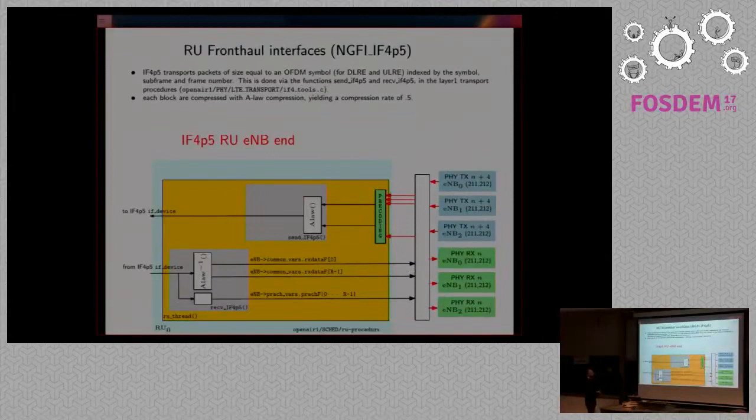Now let's look at the other type of interface, the 4.5 interface. That's a little bit higher up. Again, if we look at what's coming from the device, we decompress the signal. But actually here there are two types of signals.